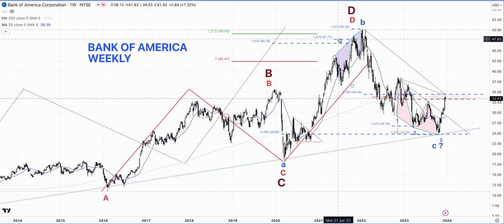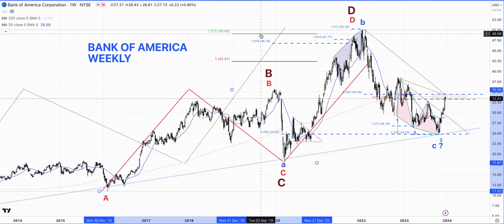And having had this level identified with the longer term ABCD coming in nearby, and also this ABCD one-to-one price projection extending, highlighted in the red lines by 1.272, we were in a zone where we had a confluence of a number of things coming together, telling us be careful, this might be a key level where the market could potentially have a turn.